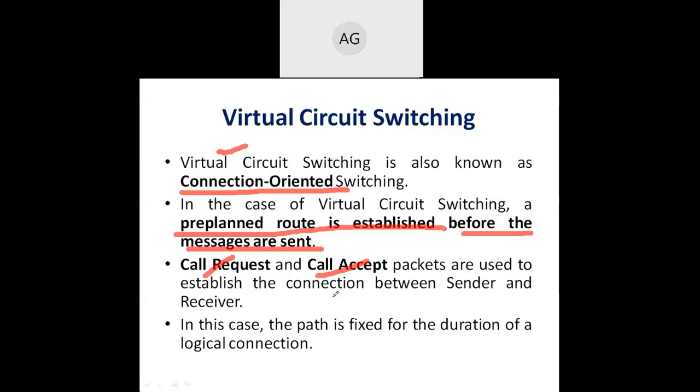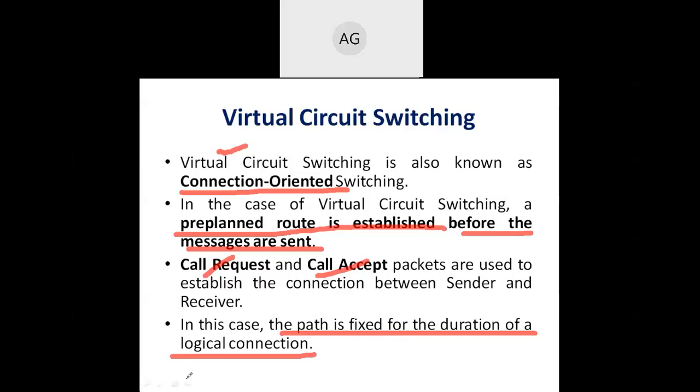In this case, the path is fixed for the duration of a logical connection, in which the packets are sent from the sender to the receiver. These are some of the important points related to virtual circuit switching.